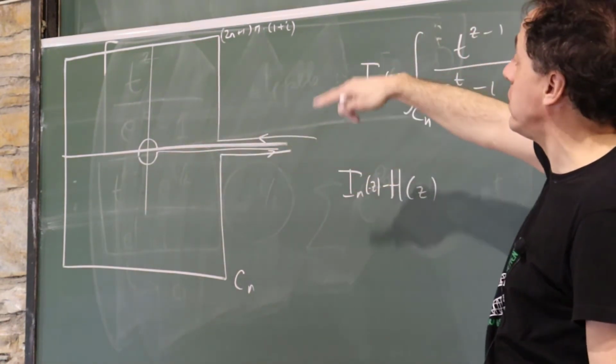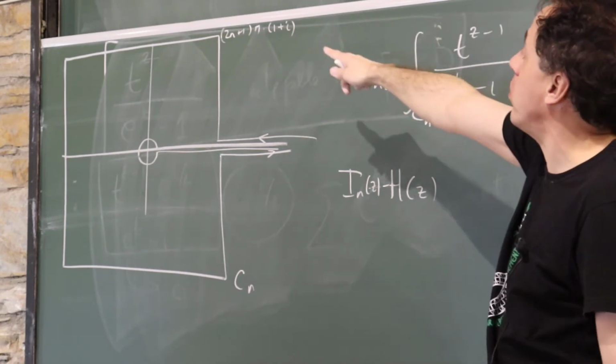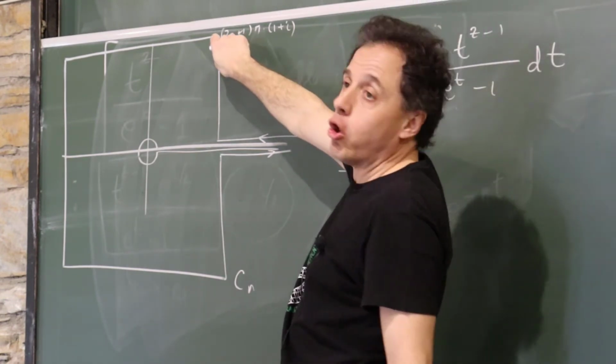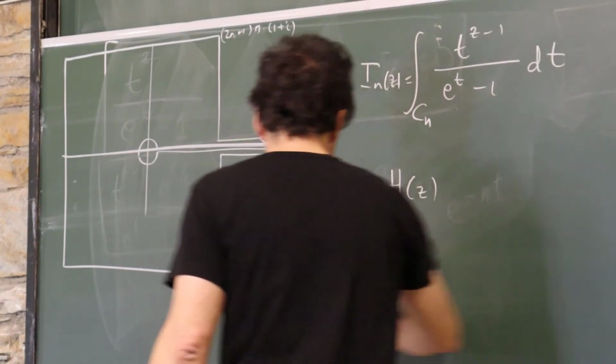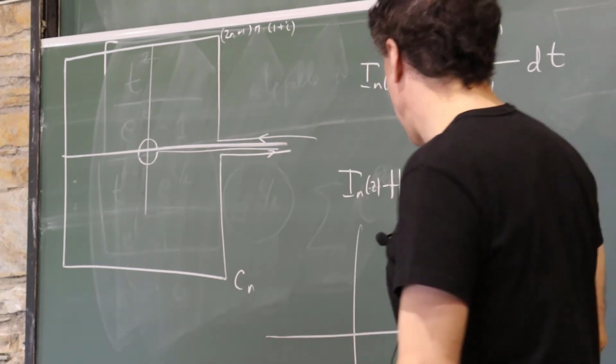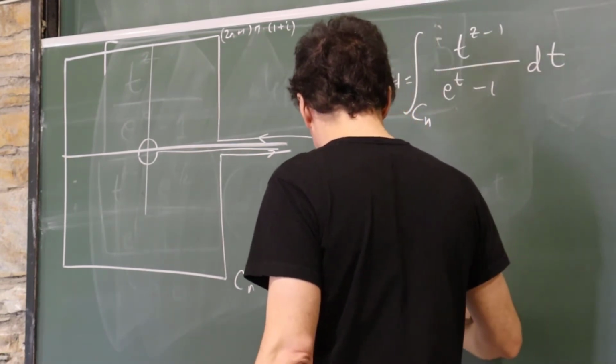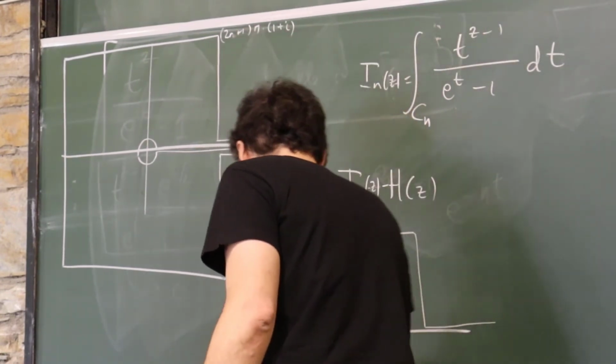The zeros are the points 2k pi i. So I take the odd numbers here, and so you avoid these zeros of the denominator. Let us make some drawing. The integral In, you come here and you make a big turn here.